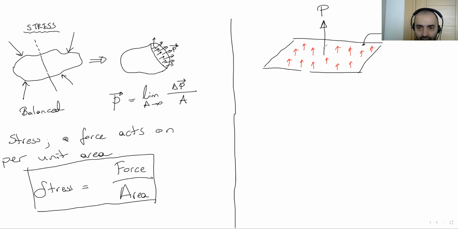What is the important thing here? If my force is perpendicular to the area I'm dealing with, I do P over A here. This is axial stress.